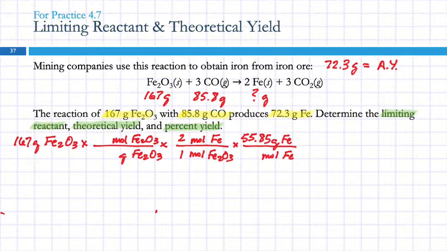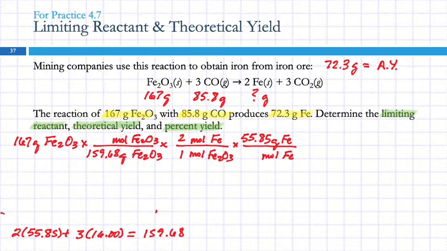And then we have to calculate for the Fe2O3. 2 times 55.85 plus 3 times 16. 159.68. 167 divided by 159.68 times 2 times 55.85 equals 116.82 grams of iron.